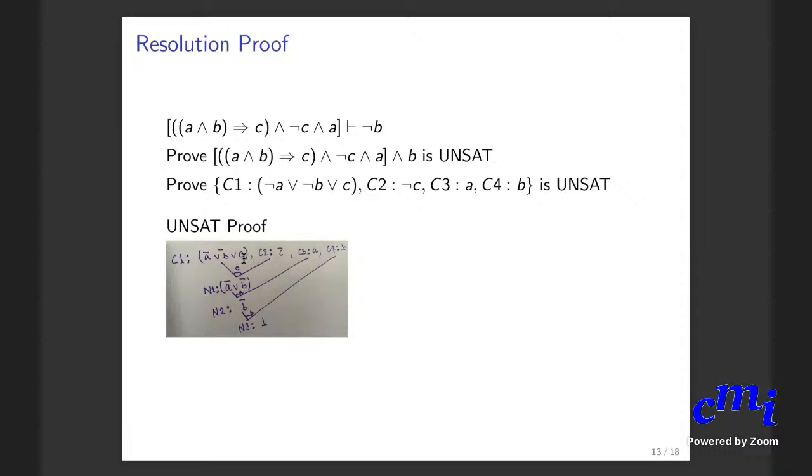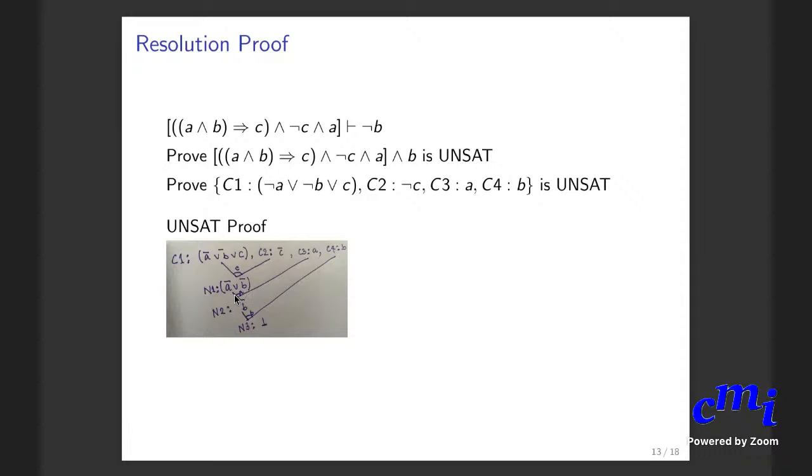So I can resolve these two clauses on C, and the resolvent will be just the union of the remaining literals. In this case, C2 does not have any other literal other than C bar, and therefore I get A bar or B bar.